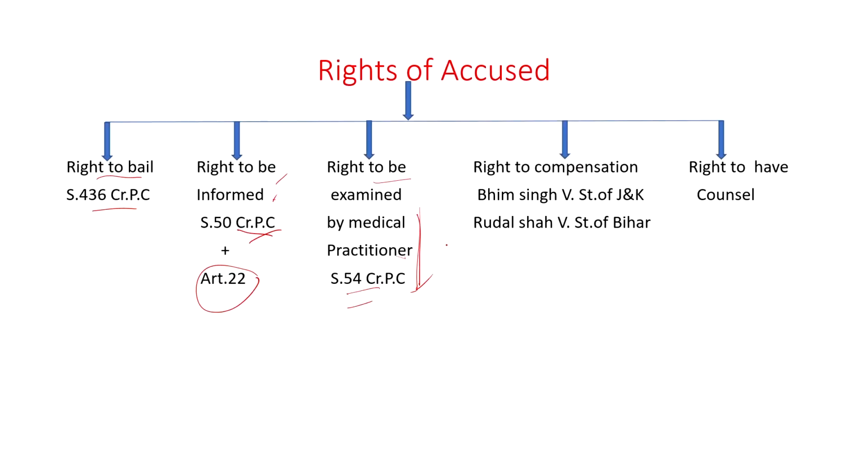As well, the arrested person has the right to be examined by a medical practitioner, so that he can produce the injury report before the court, showing that at the time of arrest he was healthy and during interrogation he sustained injury from violence committed by police in custody.